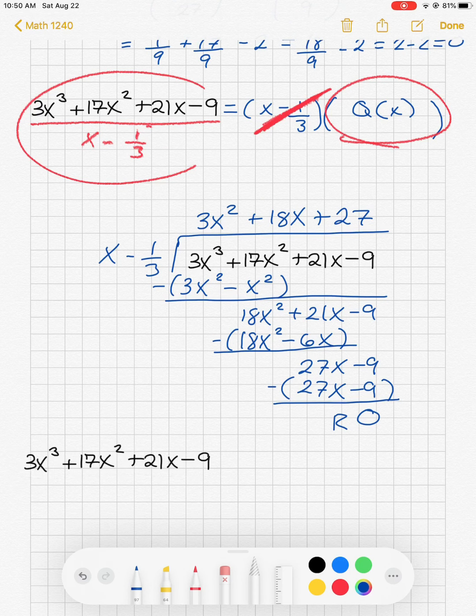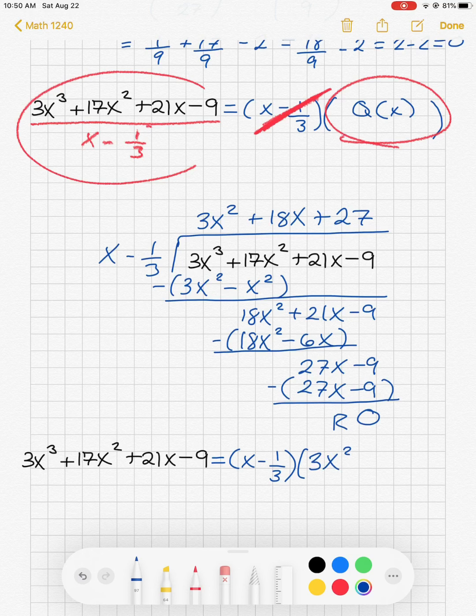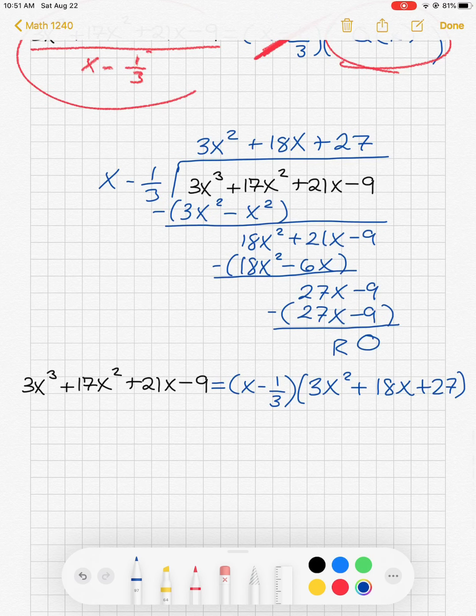So now I know that missing factor, so I can say that that polynomial is x minus a third times that quotient. See, that whole thing's divisible by 3. So I'm kind of thinking, what if I factor that 3 out? 3 times x squared plus 6x plus 9.